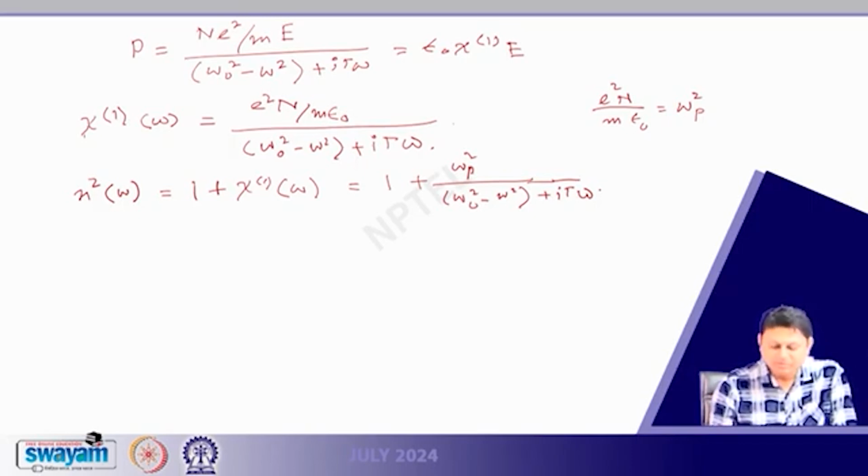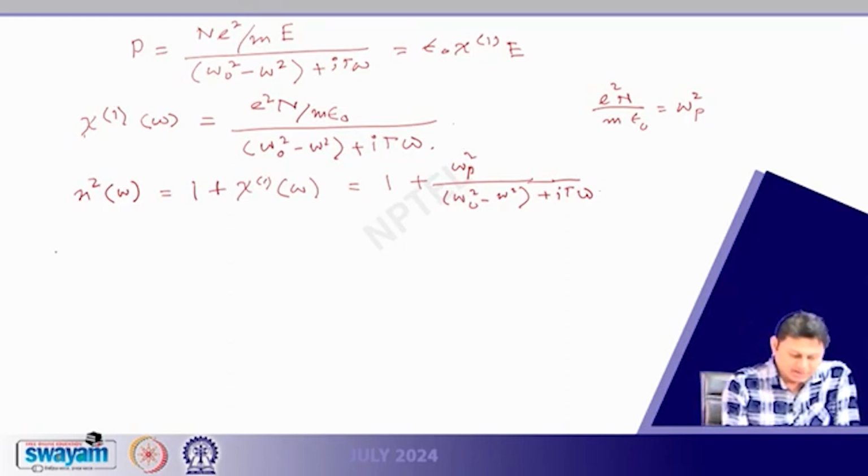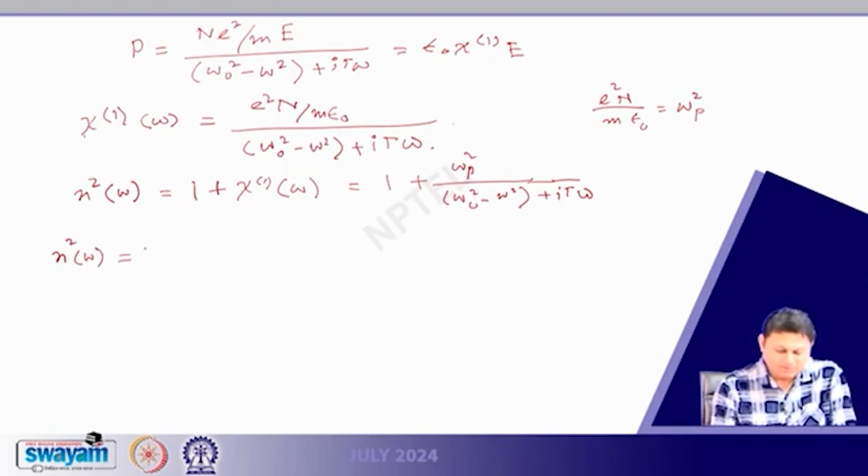Now, this is a complex quantity. It is interesting to note that this is a complex quantity, and the complex quantity is sitting here in the denominator. So, the standard way we remove that is we multiply everything with the complex conjugate and write it in the x plus iy form. So, here also we are going to do that.